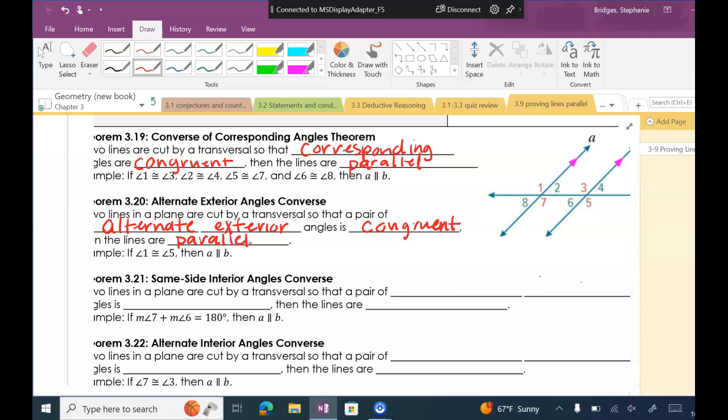Then you have the same thing for your same side interior angles. If two lines in a plane are cut by a transversal so that a pair of same side interior angles are supplementary, then the lines are parallel.